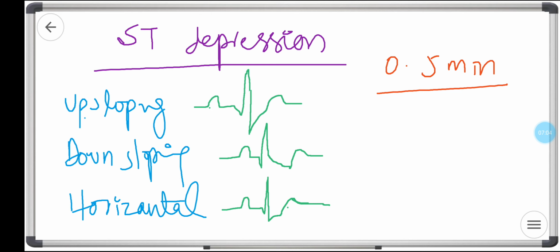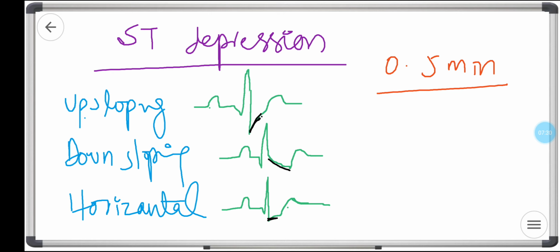So here you can see the three types of ST depression. Okay, if we look at the first, this is upsloping ST depression. Okay, the next one is downsloping ST depression, and the third one is horizontal ST depression. So 0.5 mm of ST depression in two contiguous leads, and that should be downsloping or horizontal ST depression.